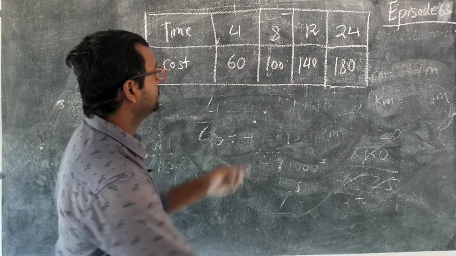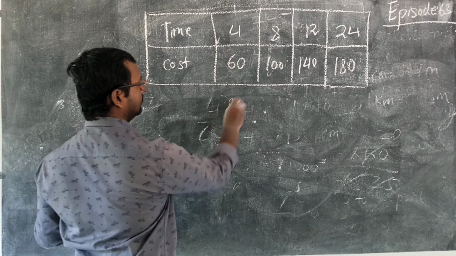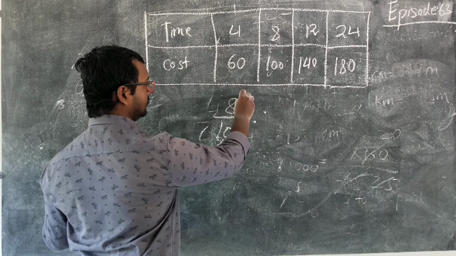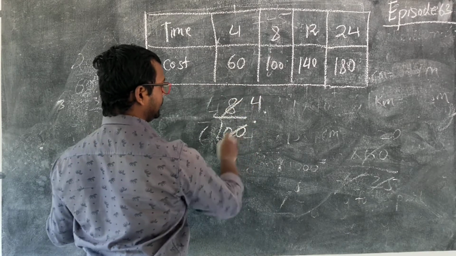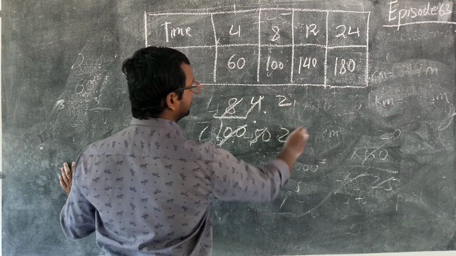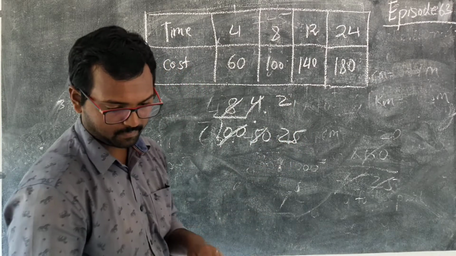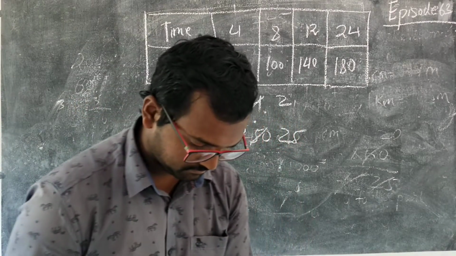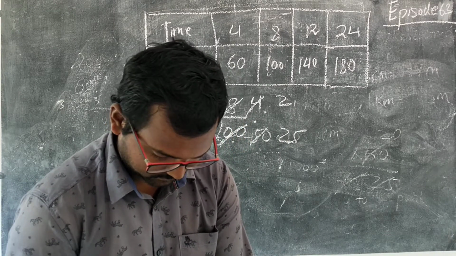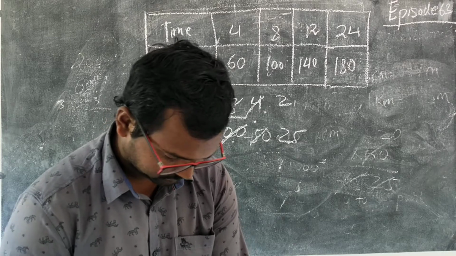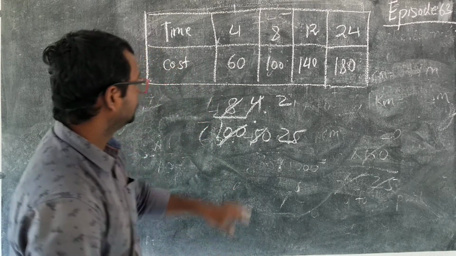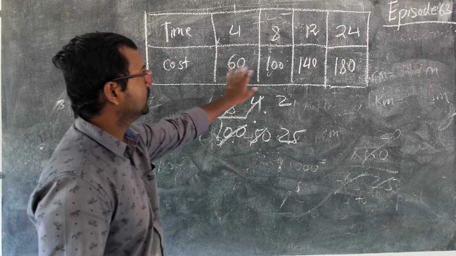Now see here, 8 by 100. Divided by 4, we will get 2 by 25. So this is not in proportion. These two are not in proportion.